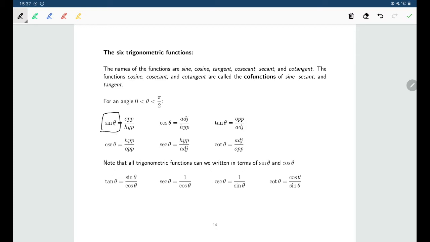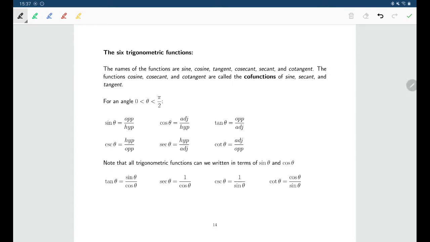So theta is an angle, and it's being put into this function whose name is sine, and what's coming out would be the ratio of those side lengths, the opposite side divided by the hypotenuse. And we have all of our 6 functions defined in a similar sort of way. For cosine, when an angle theta is put in, what comes out? Adjacent divided by hypotenuse. And then the same thing for all the rest of those 4 trig functions.